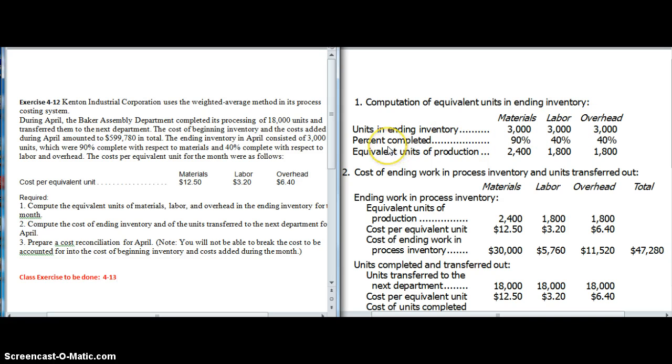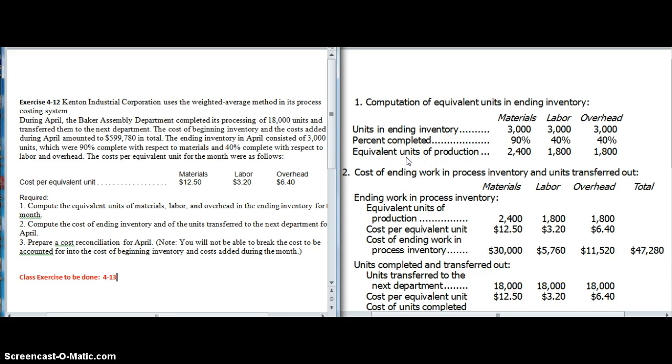You will follow this by writing the percent complete: 90% complete with respect to materials, so you will write 90% under materials, and 40% complete with respect to labor and overhead, so 40% under labor and 40% under overhead.